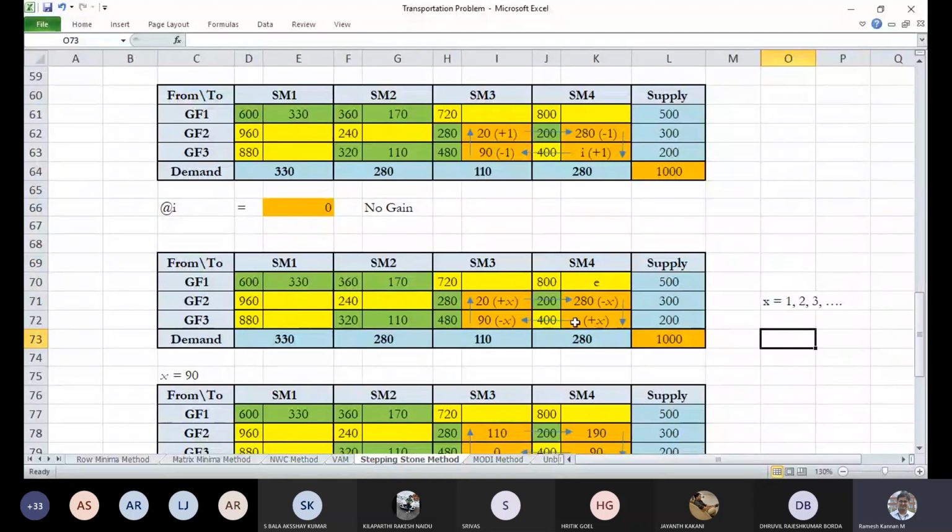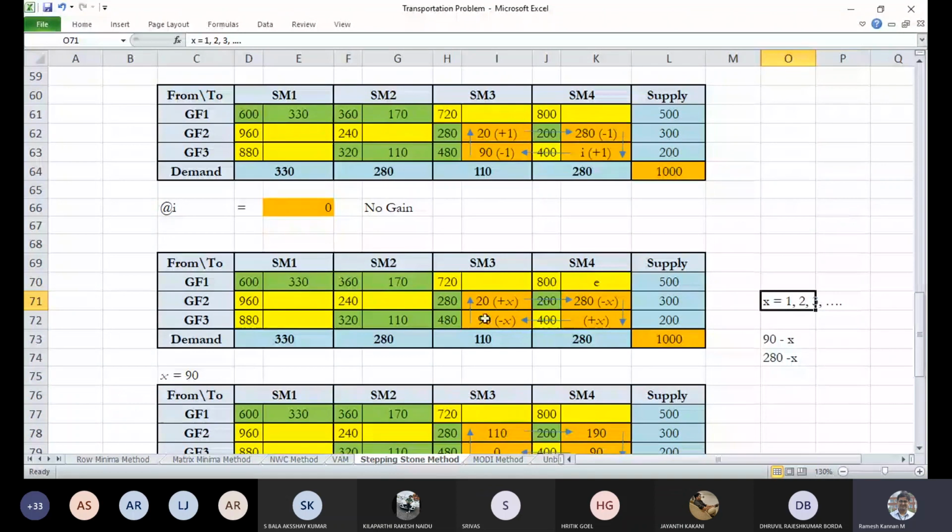If you take a look at that, in a quicker sense, we have two negatives, which are 90 minus x and 280 minus x, right? So there are two things there, and we can easily make one become 0. x cannot be a negative number, so we cannot provide minus 20 here because that's not in the cards. We provide x as a positive number and make one cell 0.